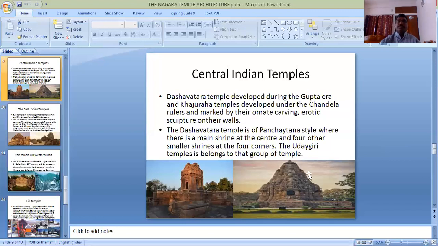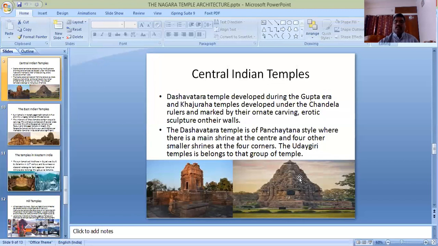That means the Dasavatara temple is of Panchayatana style, where there is a main shrine at the center and four other smaller shrines at the four corners. For that reason, the Dasavatara temple style is Panchayatana style.